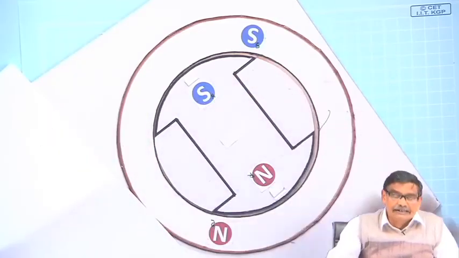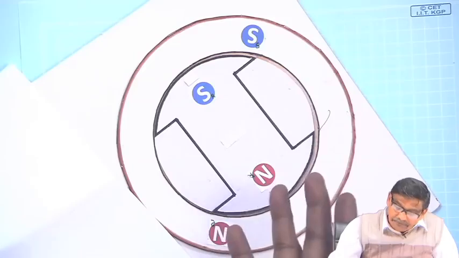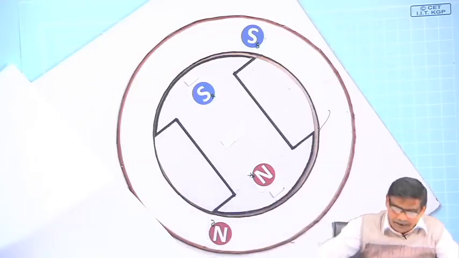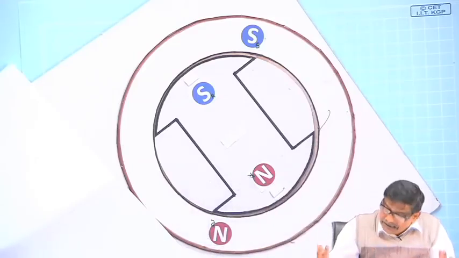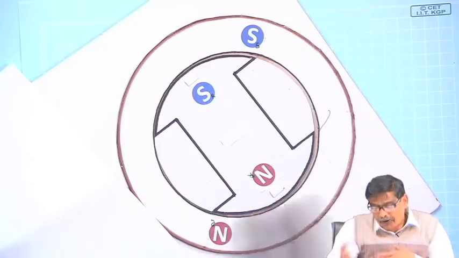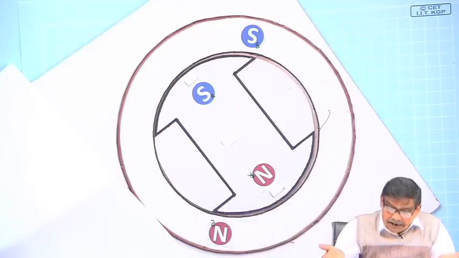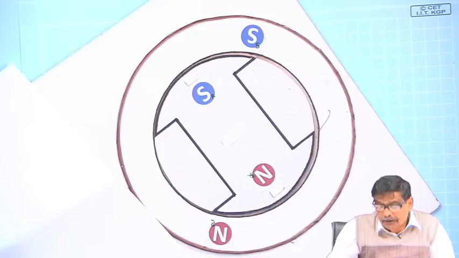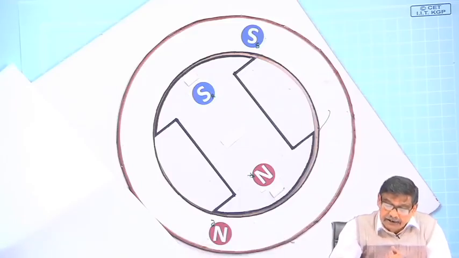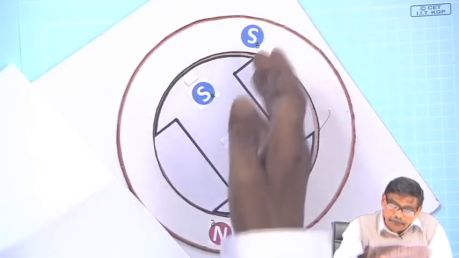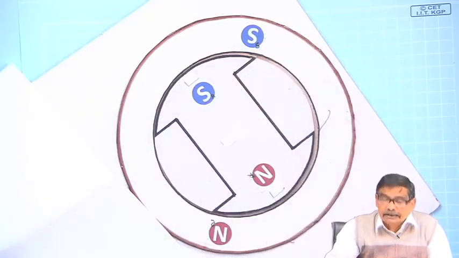So, this is the thing, and this will happen ultimately whatever complex windings you are using, projected pole or not, it does not matter. Essentially, stator conductors will carry current, rotor conductors will carry current, and they will produce a pair of poles like this.